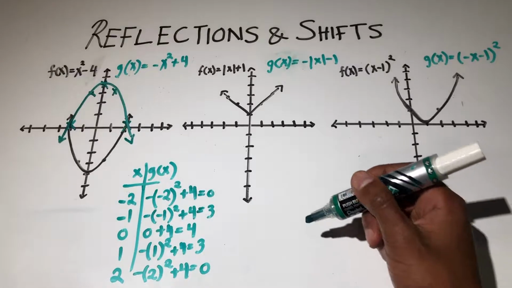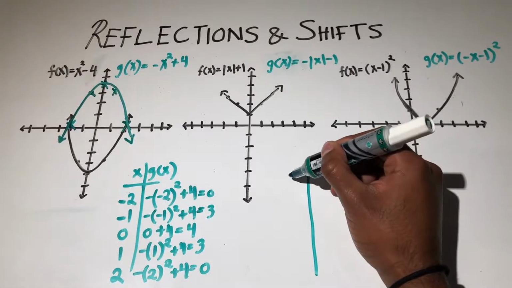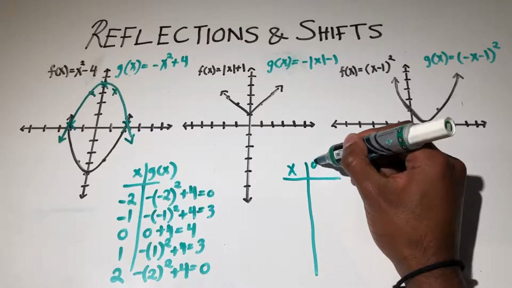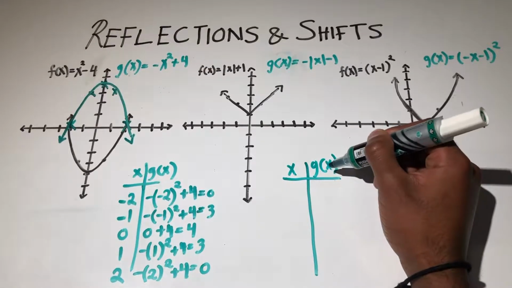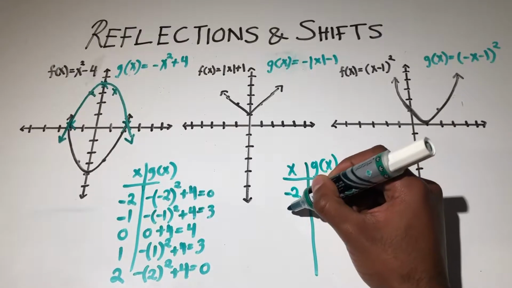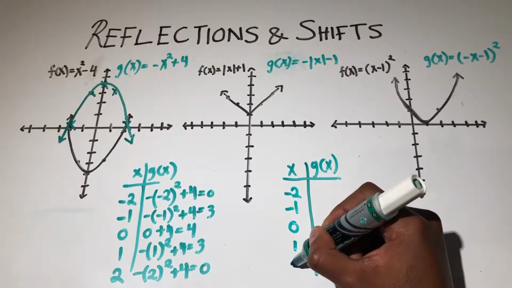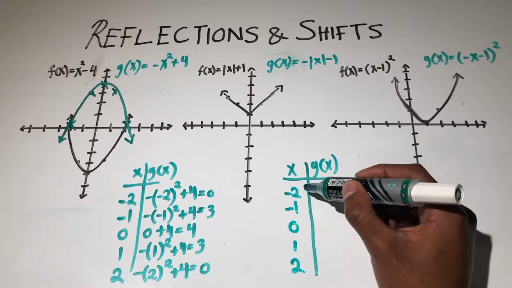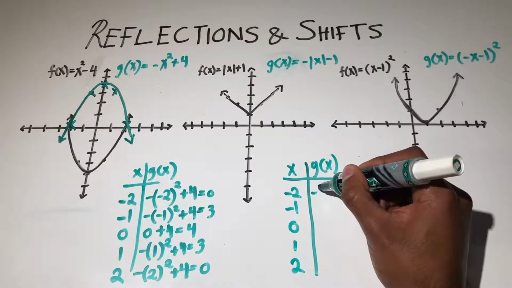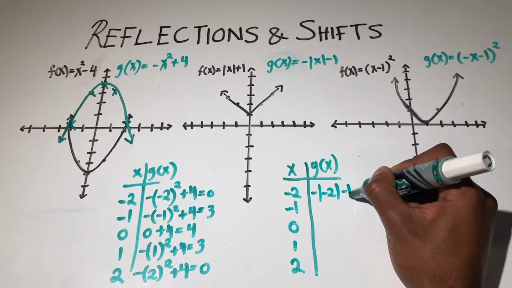So we can go ahead and construct our table of values again. We have x and g of x. We can also start with -2 just to get a more precise graph, and then work our way up to 2. Now plugging in -2 for the absolute value, we're going to get -2 minus 1.